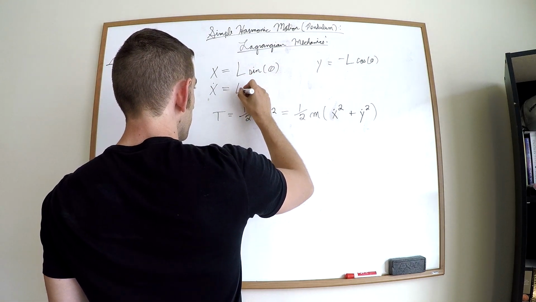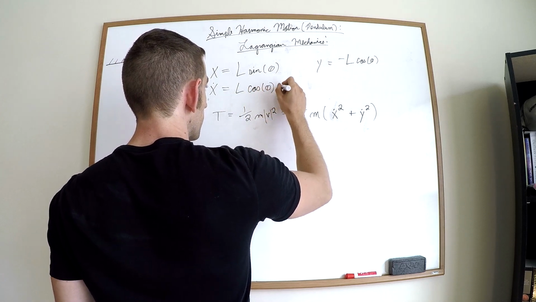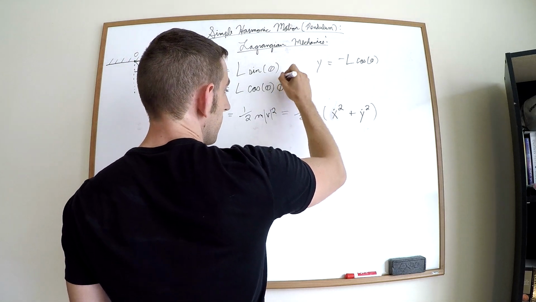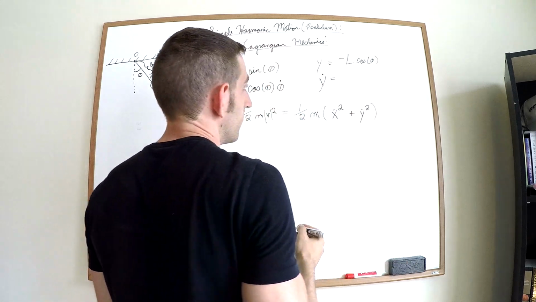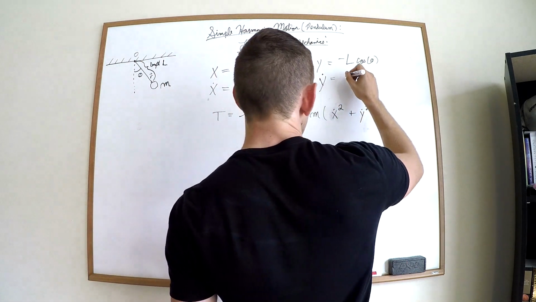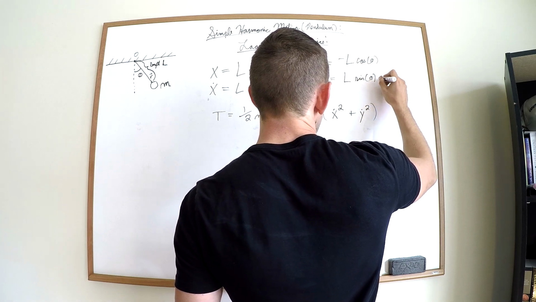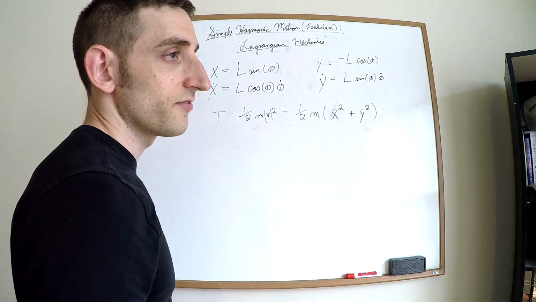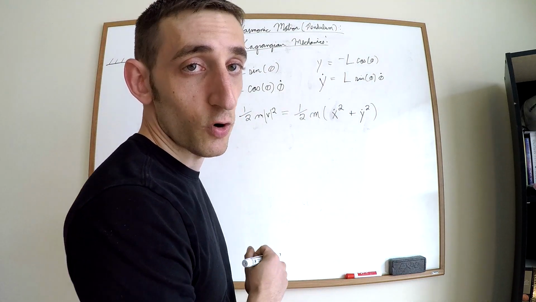So, x dot becomes L cosine theta, theta dot. We got the chain rule in there. That guy pops out. And y dot, that's going to be L sine theta, theta dot. No. Derivative of cosine is negative sine. Negatives cancel. We're all good.